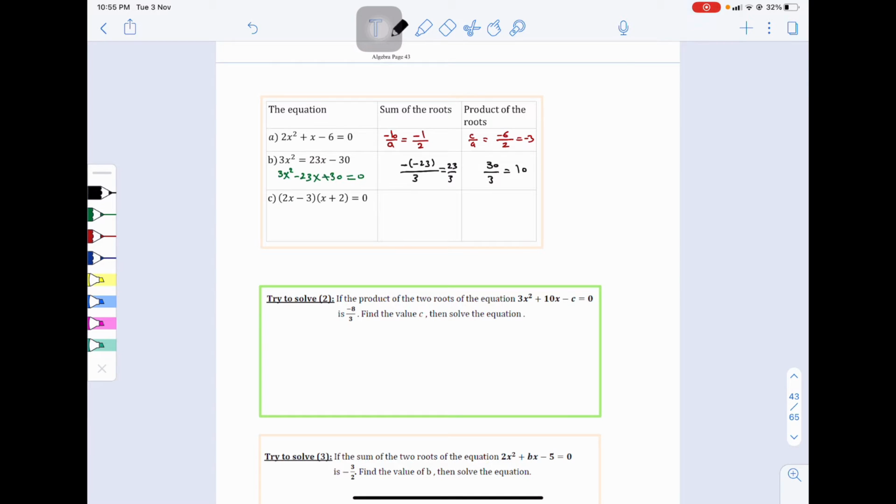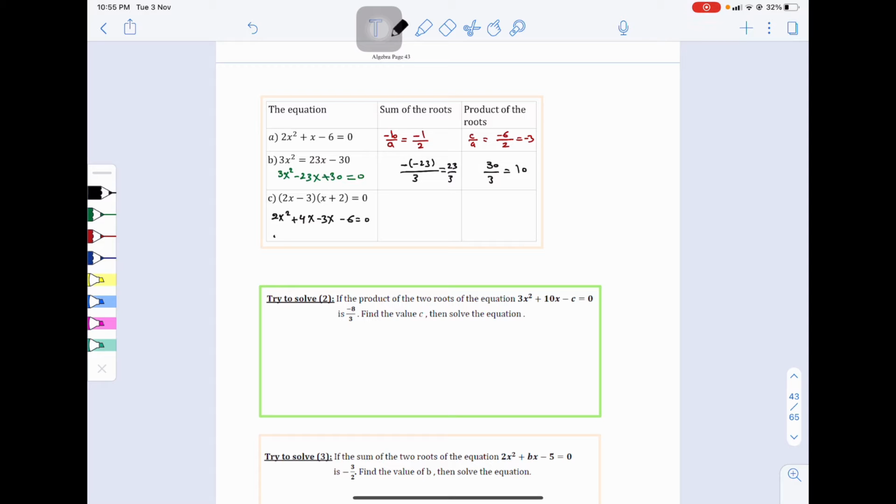As this equation, at first, factorize: distribute this bracket with this bracket, multiply the two brackets. 2x multiply x equals 2x squared, 2x multiply 2 equals 4x, negative 3 times x equals negative 3x, negative 3 times 2 equals negative 6, equals 0.